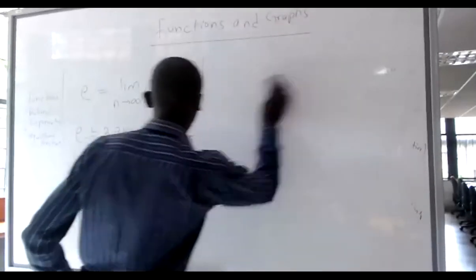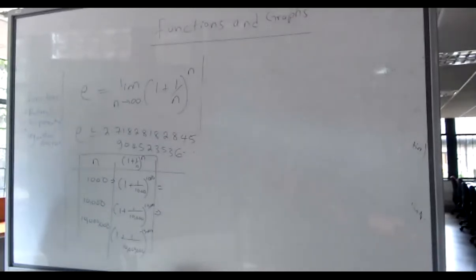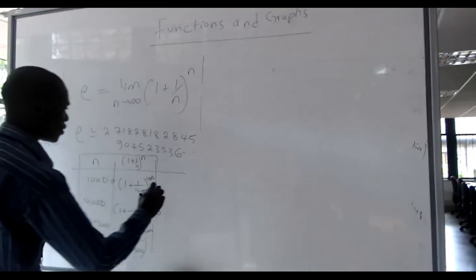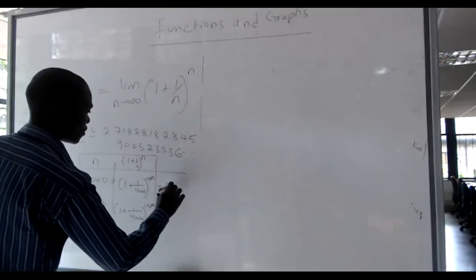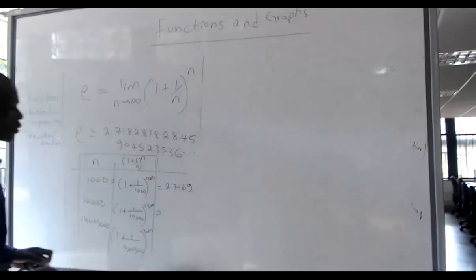Put this in your calculator. So what do you get for 1,000? 2.716923932. Okay, let's stop at 2.7169.